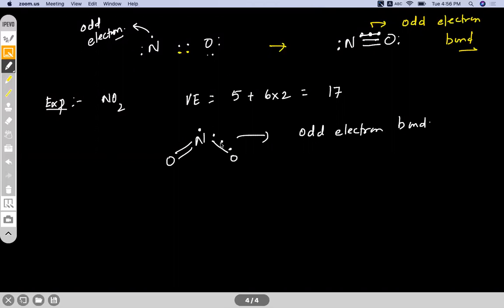No, if the bond order is an integer, then it means we don't have an odd electron bond, because an odd electron bond has half bond order. Okay, understood?